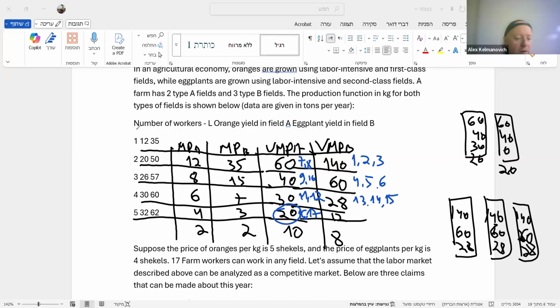Okay, so if I want to check the marginal productivity of the field, I have to delete this field, right? So let's delete one field. And now I have to find places for 3 workers, right? So what are the best places I have now?